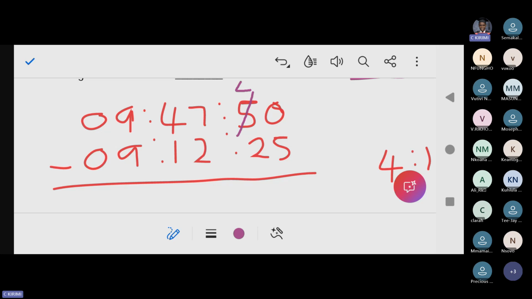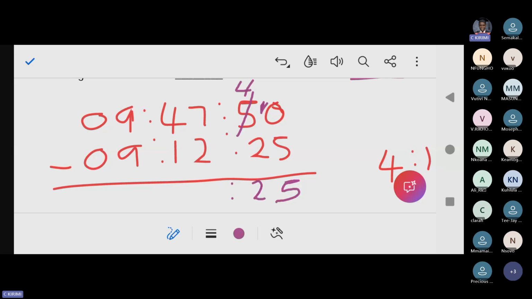Which means here, if I borrow a 10, I give it to the 0, then the 1 comes there, it becomes a 10. 10 minus 5, it's now 5. 4 minus 2, that's 2.